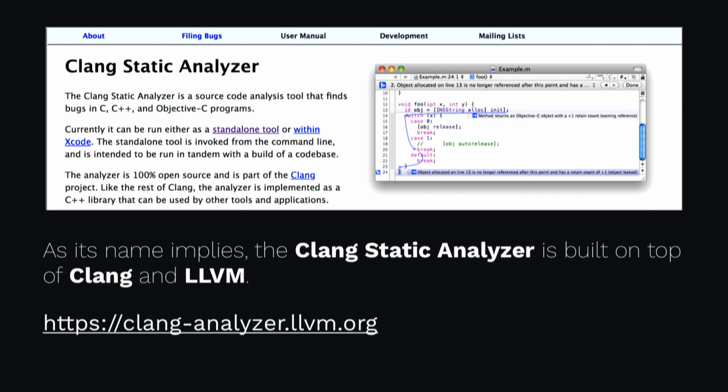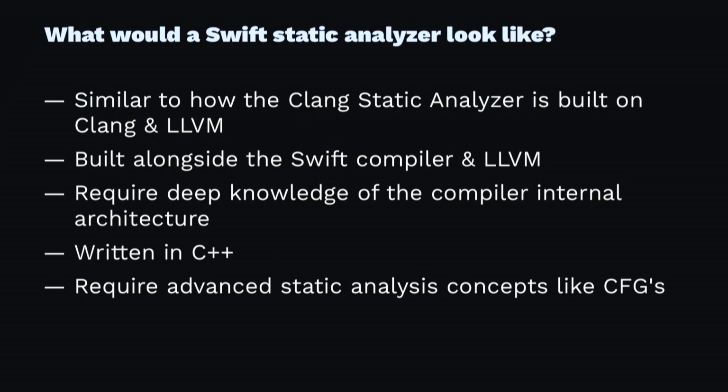It sits on top of LLVM and can compile C, C++, Objective-C, and flavors in between. And so the Clang static analyzer is this open source static analysis tool. It's built on top of Clang and LLVM. All right. So very useful. You can infer behaviors about your source code, such as objects that are missing a retain or release, or all sorts of things.